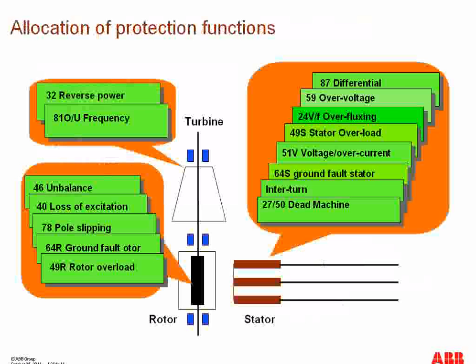How do we allocate these protection functions in the generating system? Starting from the turbine, we can have the protection of the reverse power. Then we have over frequency and under frequency protection. On the rotor side, we can have the unbalanced protection, loss of excitation protection, pole slipping, rotor ground fault protection, and rotor overload conditions.